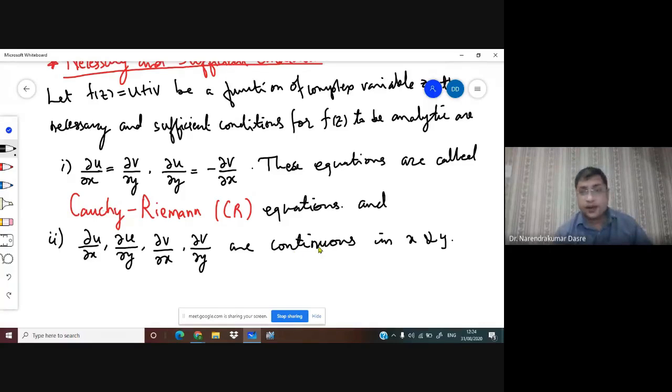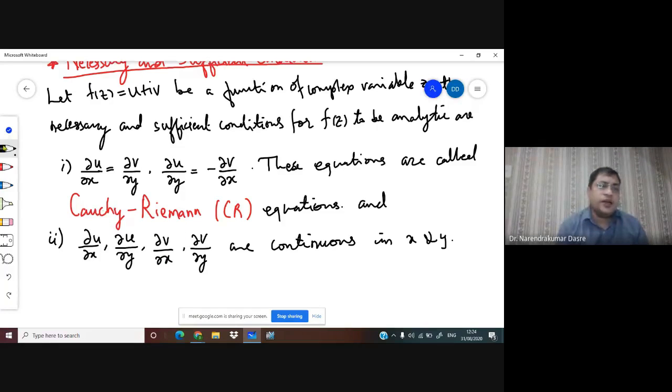So that's why the continuity that we have seen is very much important. And u is a real function, v is a real function, so these functions have to be tested in the real domain for continuity.